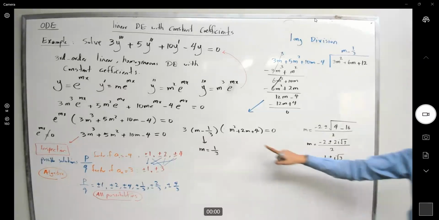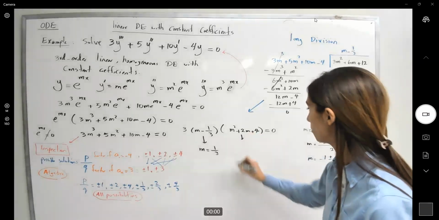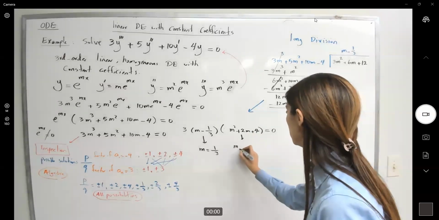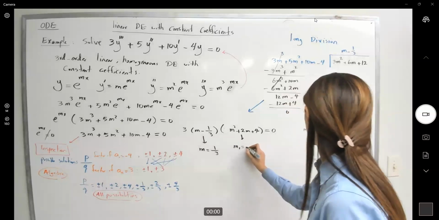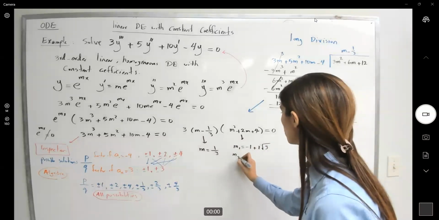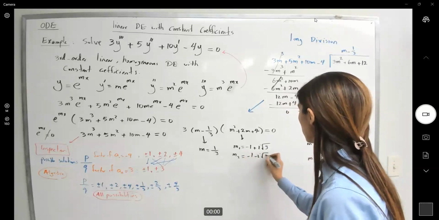As you can see, to solve this equation, you get complex conjugates. m1 is -1 plus i square root of 3, and m2 is -1 minus i square root of 3.